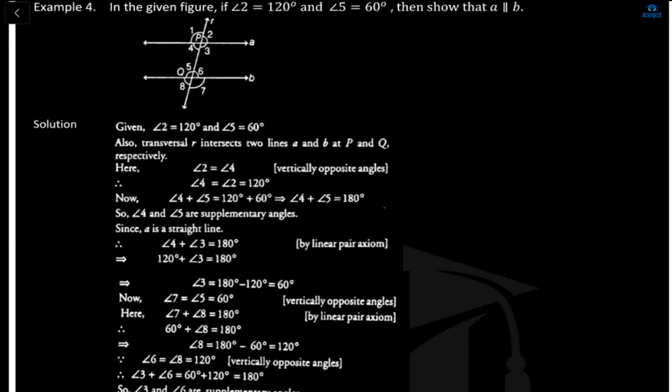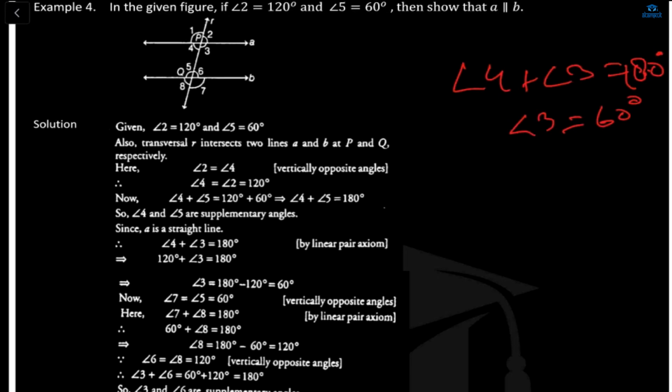Now you have to find the value of angle 3. We have to prove angle 3 and angle 6 sum to 180 degrees. Angle 3 you can find from 4 and 3. Angle 4 plus angle 3 is equal to 180 degrees, so angle 3 will be equal to 60 degrees, because angle 4 is equal to 120 degrees. Understood?